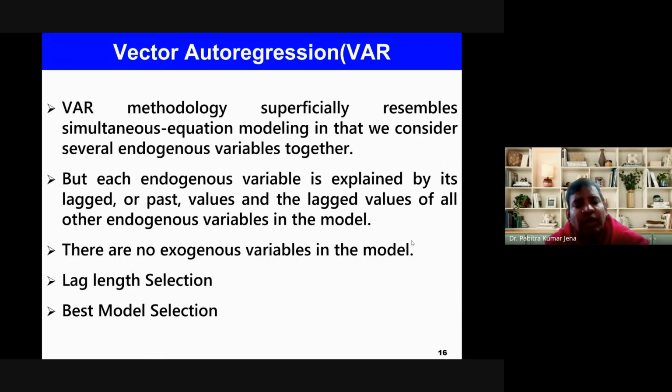But in VAR, we don't have an endogenous and exogenous variable. In VAR, every variable has a chance to become an independent variable and a dependent variable. If there are 8 variables, you can have 8 dependent variables. So it is a structure of models where there are no endogenous and exogenous variables.